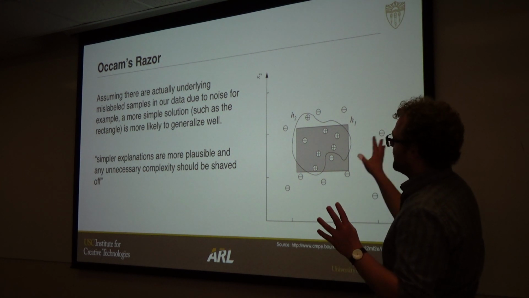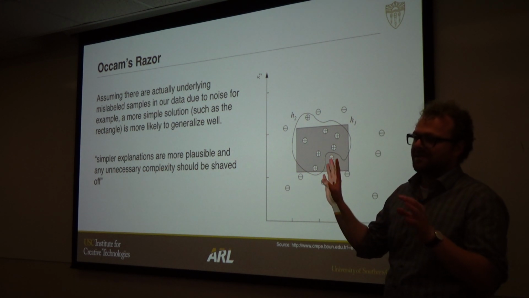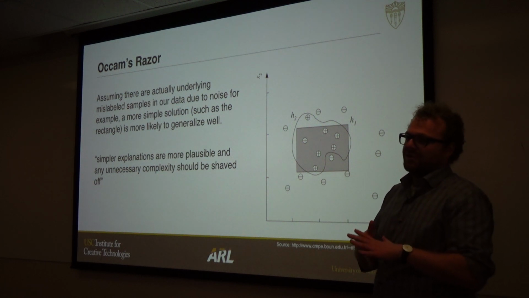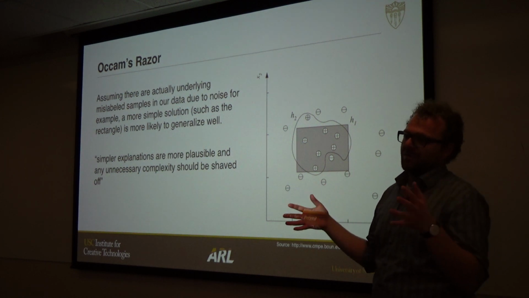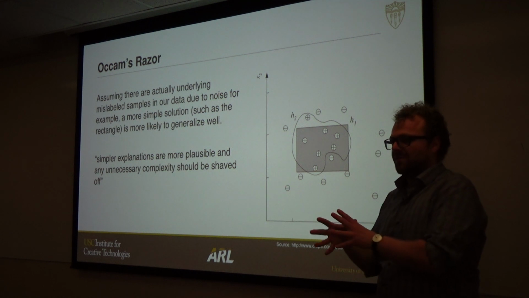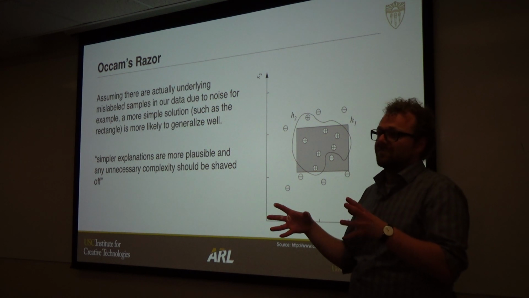If we know that everything is perfect in our data set and we have a huge number of samples, we should probably take a very complex model to minimize it, but in real life that is most of the time never the case.